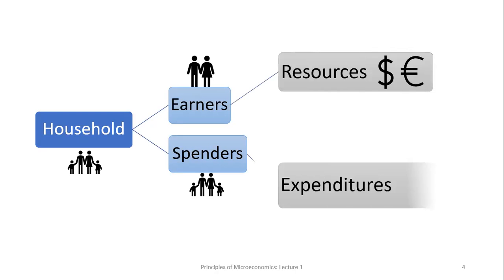Earners bring in resources to the family, whereas spenders are responsible for all the expenditures made by the household. By resources, we mean monetary resources. These could be brought in by making some investment, by doing a job or work somewhere, or by anything else.